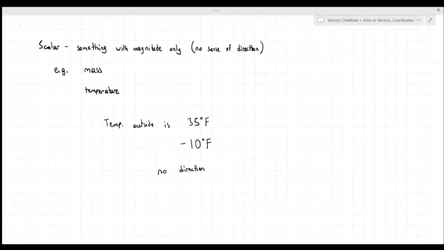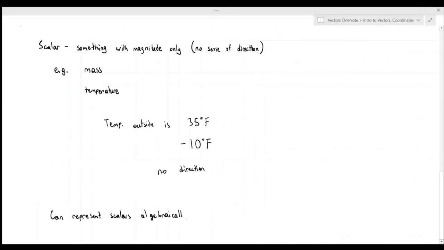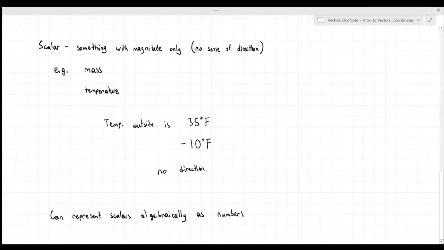As you can see, scalars only have a sense of magnitude and no direction, so we can represent scalars algebraically as numbers, okay?